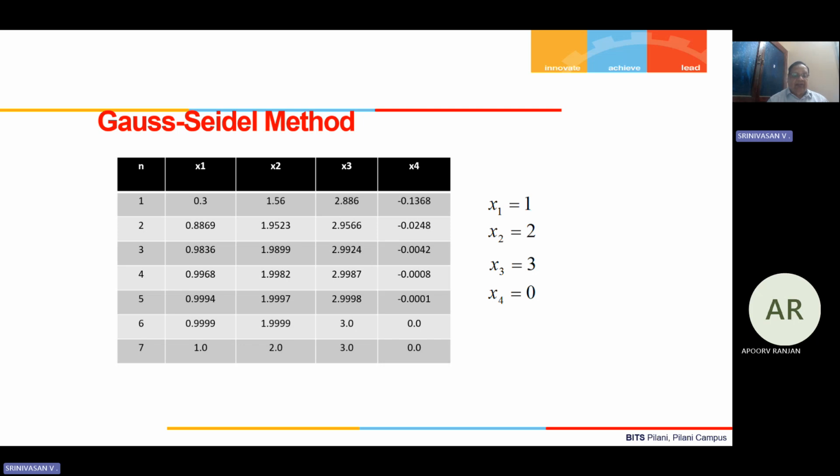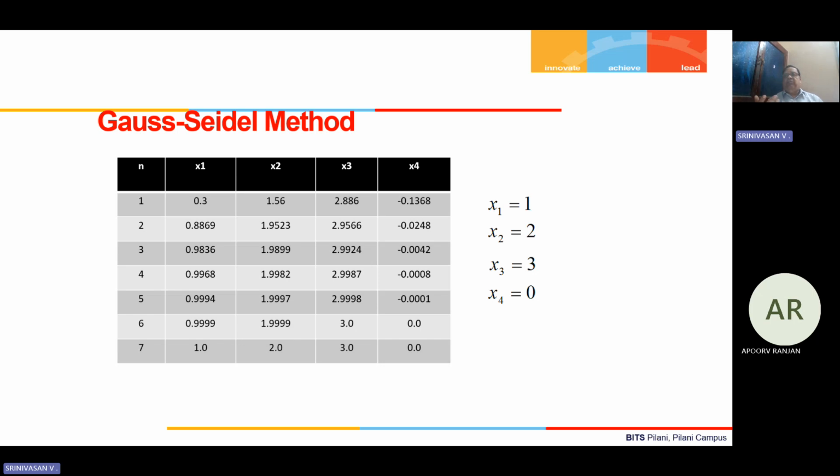0.99. It is given, fifth iteration 0.994. Similarly for x2, 1.562, a quantum jump, 1.95, then 1.98, then it comes closer, converging, 1.998 to 1.997. And similarly here 2.8866, 2.95, 2.99, 2.9987, 2.998. And here minus 0.13, 0.02, 0.00, 0.00, 0.00.